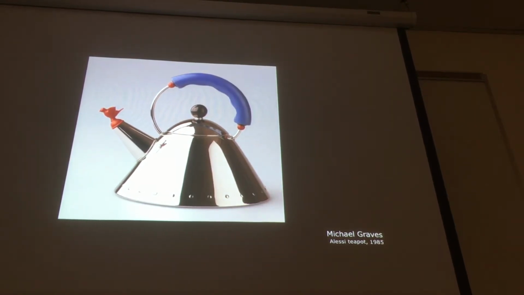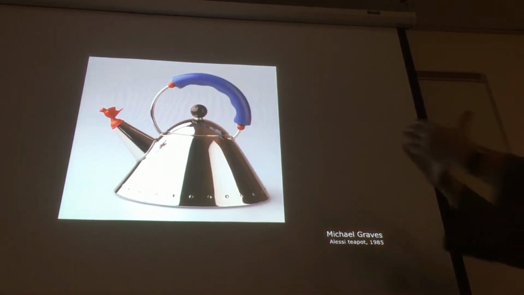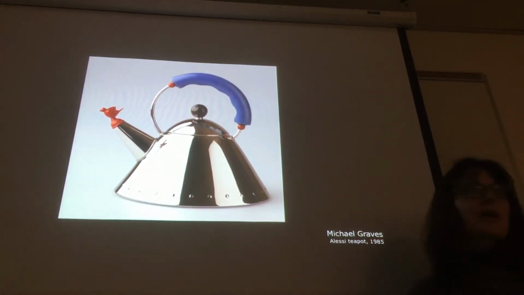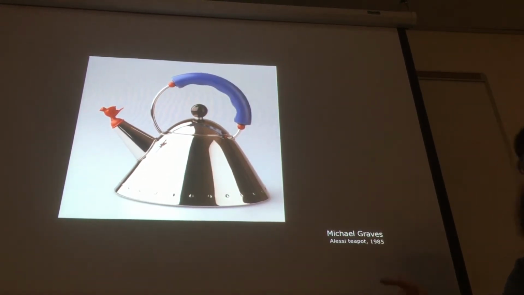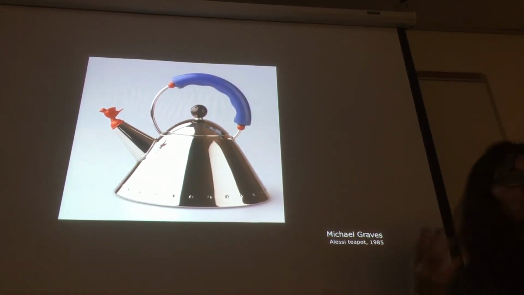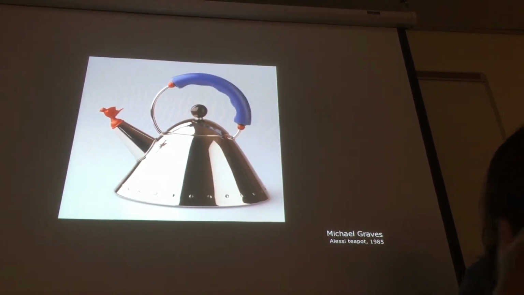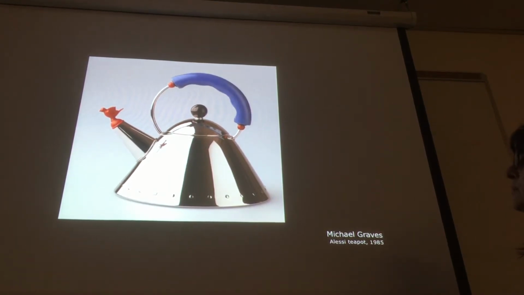So, for example, we have this teapot that is shaped in a very triangular form, rather than the domed, rounded half circle that we typically see as teapots. So he's exaggerating the form of what the shape would be.